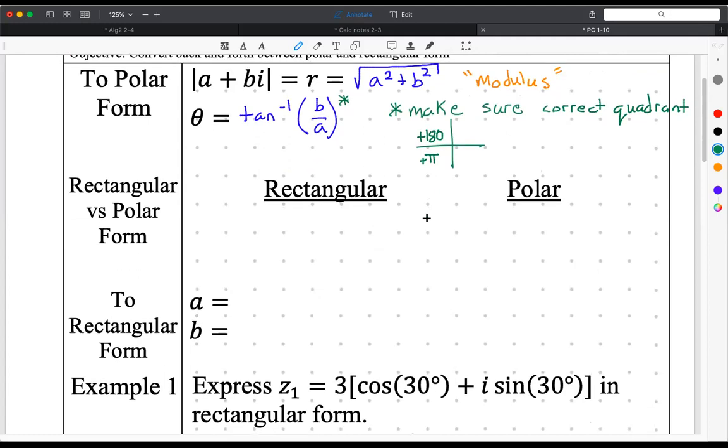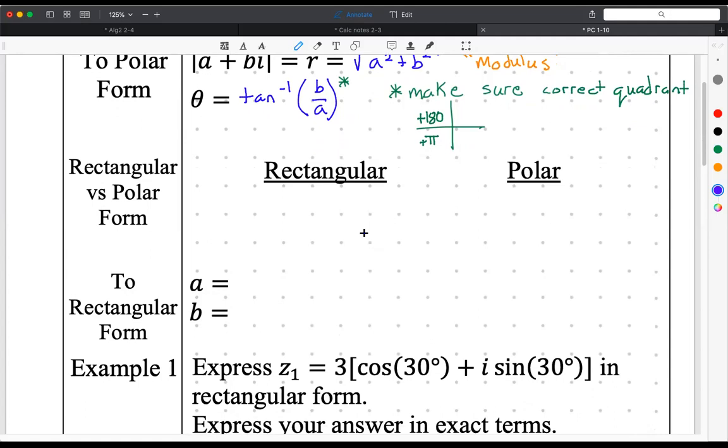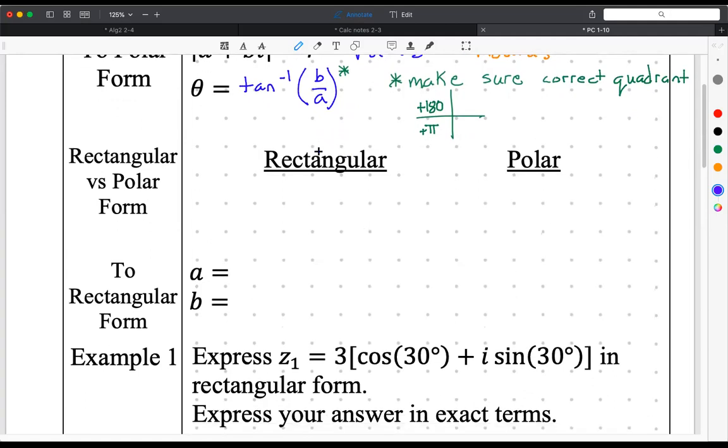All right, so rectangular form. You've seen it before since 1-2. Rectangular form is what? These two things added together. Do you remember that form? I'm going to start cold calling to get everyone in here. Caroline, what's rectangular form? Something plus something. I'll give you a hint.